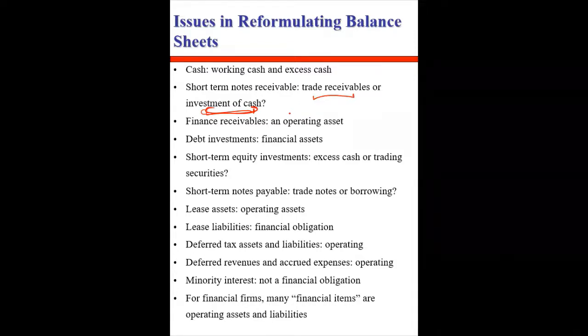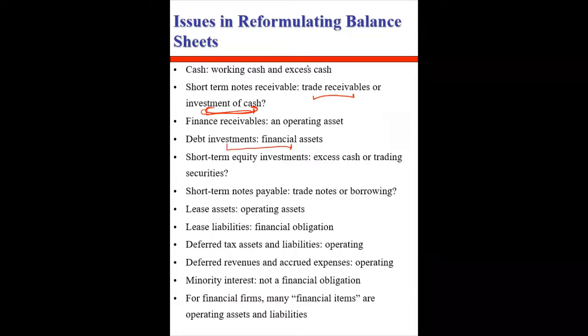Then we can talk about debt investment. It is to be considered as financial assets. How does it work? Say, for example, Golden Harvest Company has purchased some bonds, which are debt securities of a particular company. In that case, it is to be considered as financial assets.